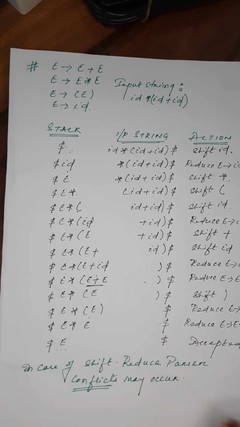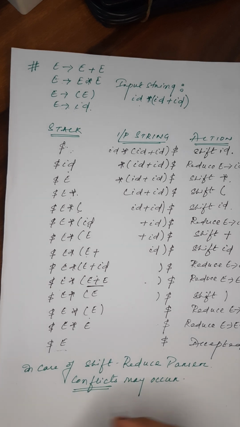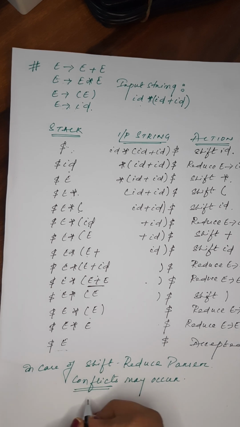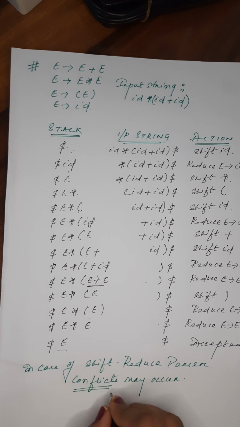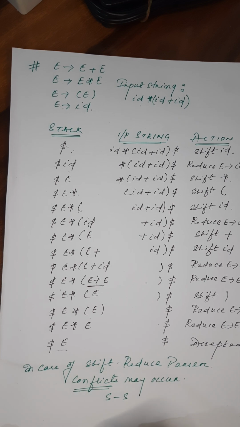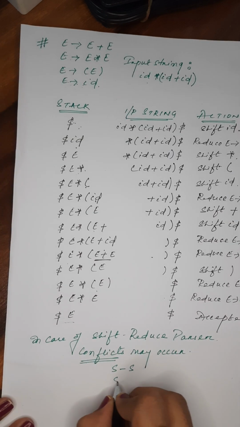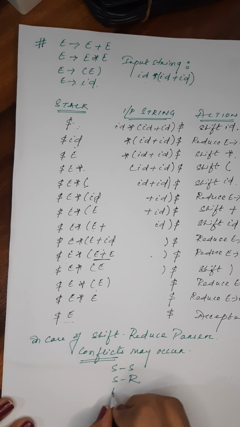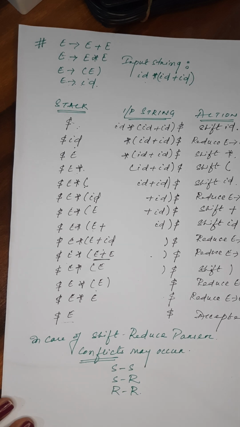Conflicts may occur means what? A stage will appear where the compiler will get confused either to shift or to reduce the element. Okay. So, what are these conflicts? We can have shift conflict. Okay, we can have shift reduce conflict. We can have reduce conflict.